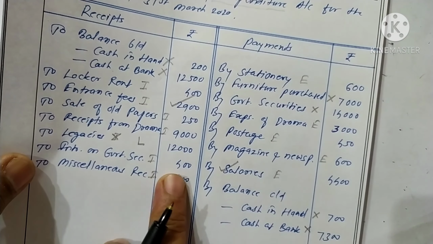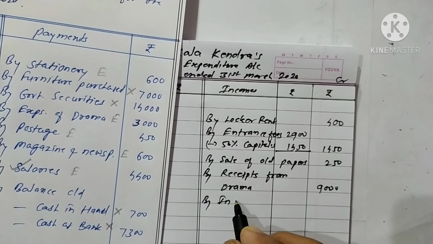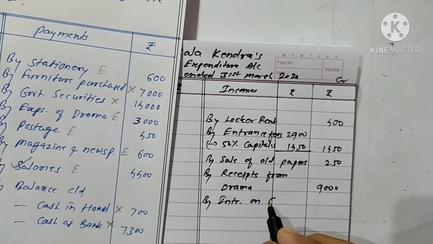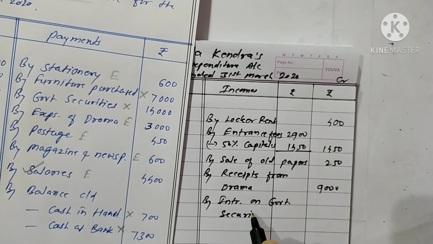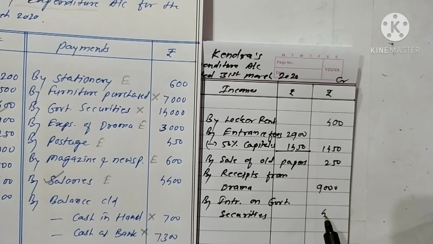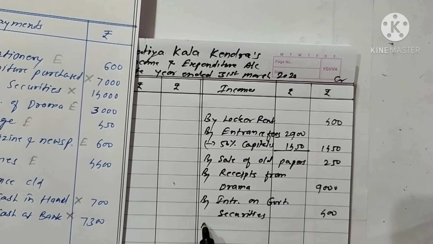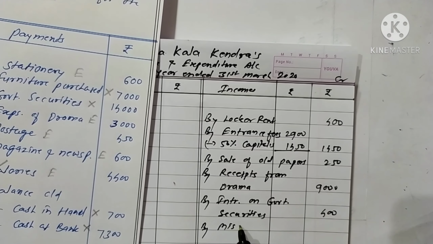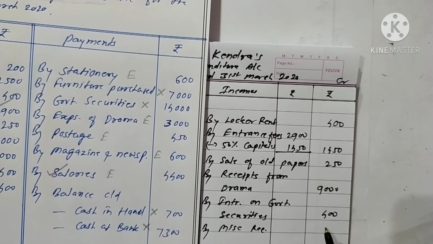Next is interest on government securities, rupees 400. Next is miscellaneous receipts, rupees 400.